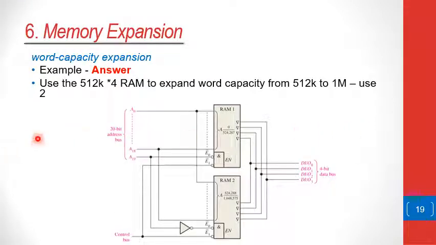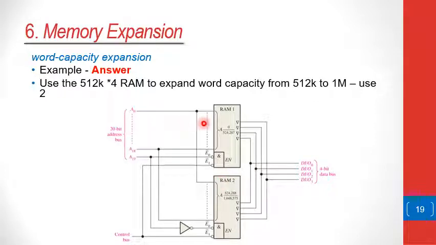The answer to this question is simply by adding the second module of RAM. And the way you do it is that you attach all the address lines, 0 to A18, you attach them to both RAM number 1 and RAM number 2. So A0 would go to both RAM number 1 as well as RAM number 2.